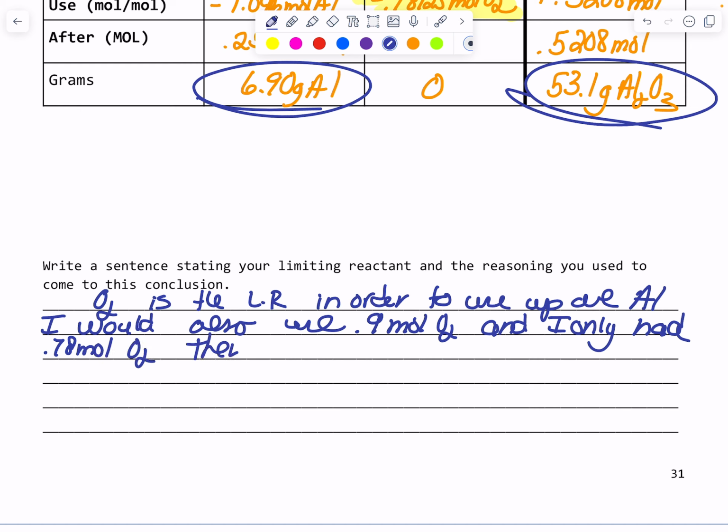Right, therefore, oxygen would run out first, and that is literally the definition of the limiting reactant.